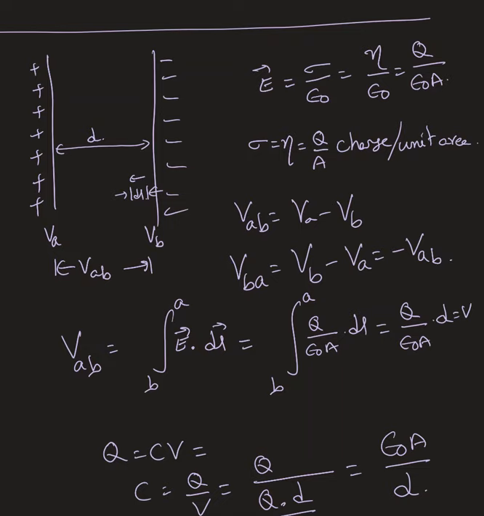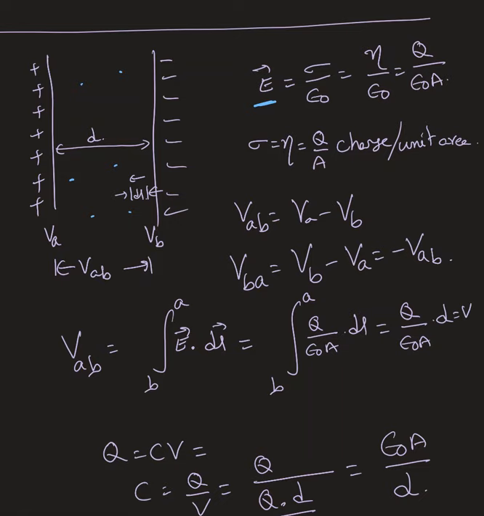From the previous chapters, we know that the electric field between those two plates at any point is the same, E equal to sigma over epsilon naught, or eta over epsilon naught. Some books use sigma, some books use eta. Sigma equal to eta equal to charge per unit area, so eta equal to Q over A. So E equal to Q over epsilon naught times A.